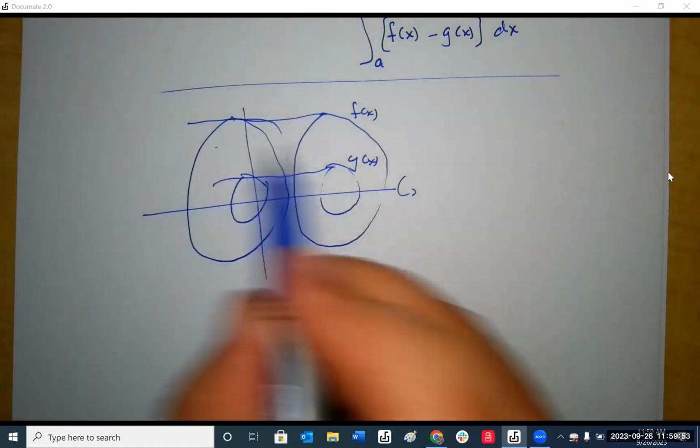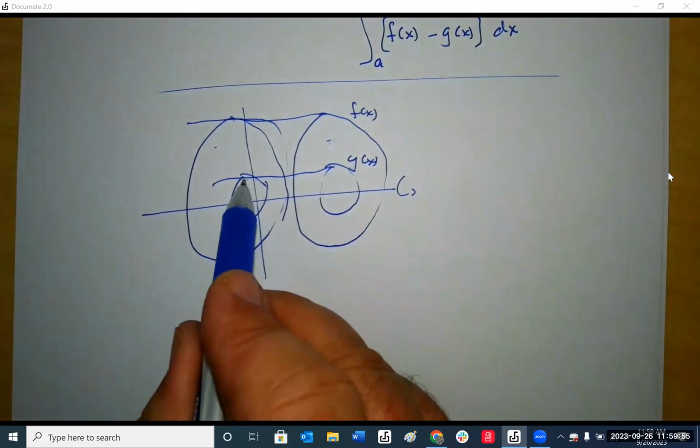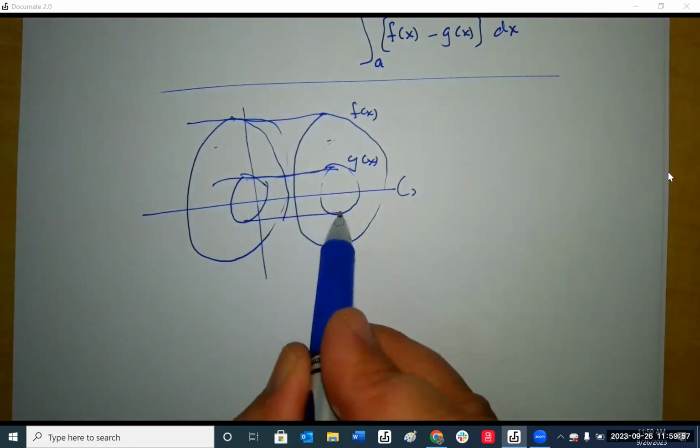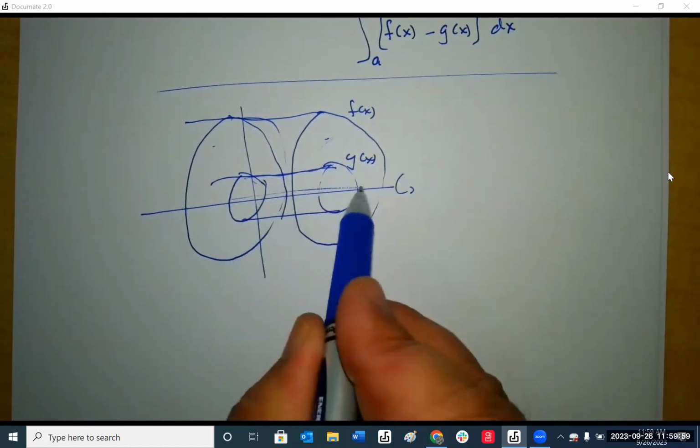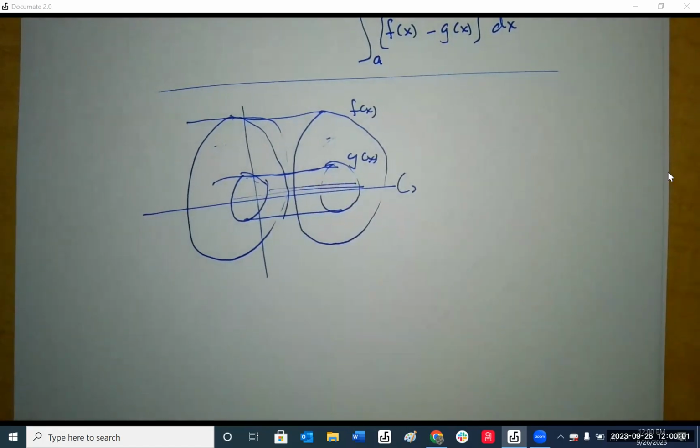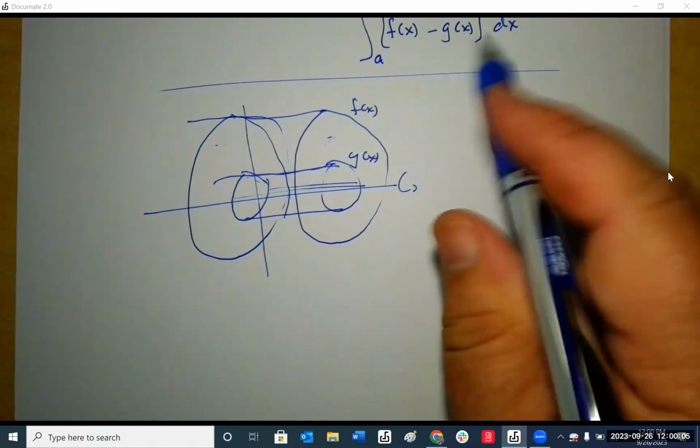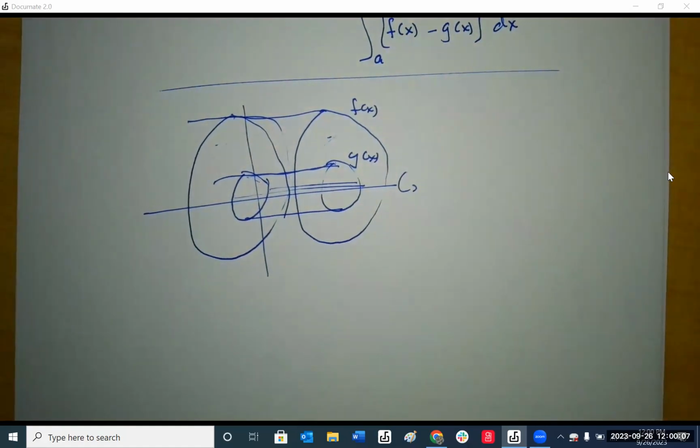We're only looking for the area between those guys. We don't want this area. So how do we do that? The same way. We're going to take the two functions and subtract them from each other. So it's the larger area minus the smaller area.